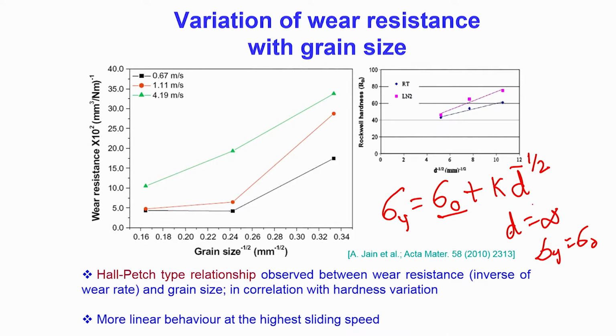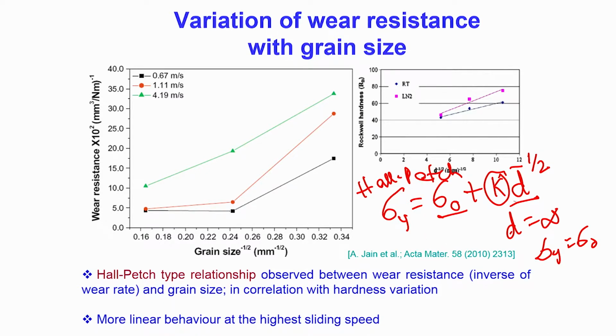When grain size is extremely large, you can consider it a single crystal material, and your polycrystalline yield strength becomes the single crystal strength. Here d is your grain size and k is the Hall-Petch coefficient. So, this is the famous Hall-Petch equation, which most metallurgists are fully aware of.